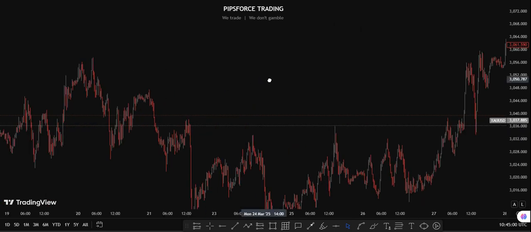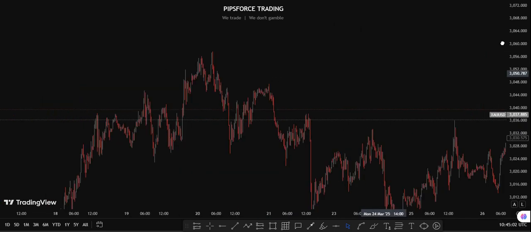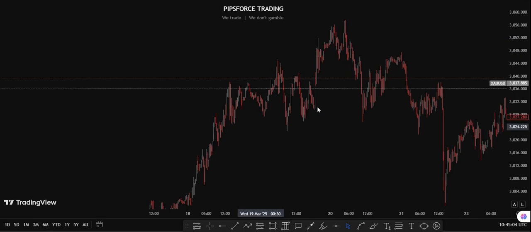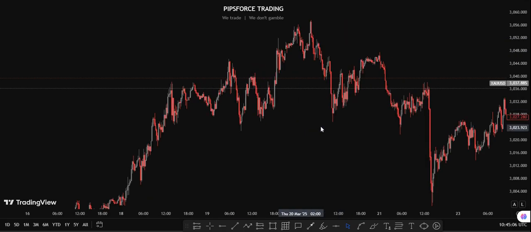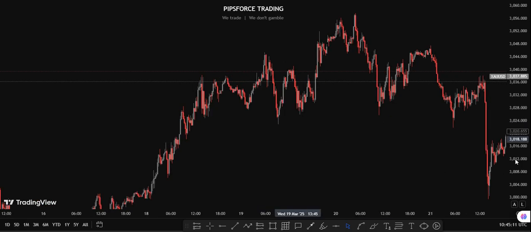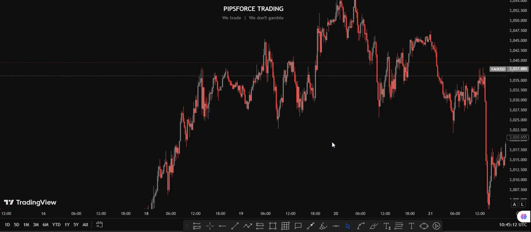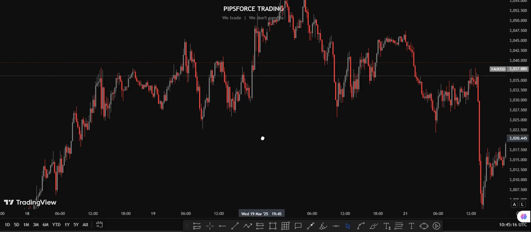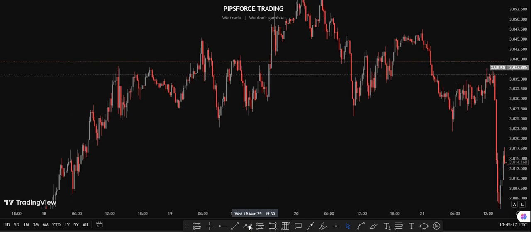So for our example, before we can know where price is going, we look at the market structure. A bullish market structure gives us a series of higher highs and higher lows.